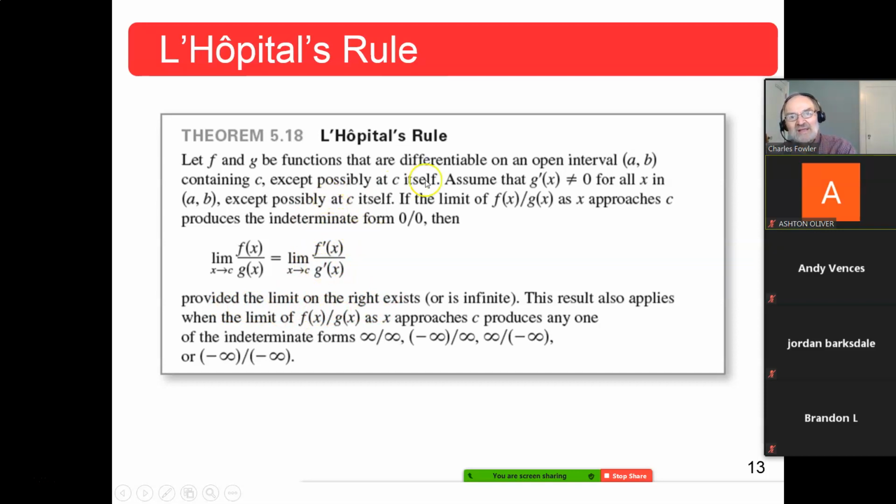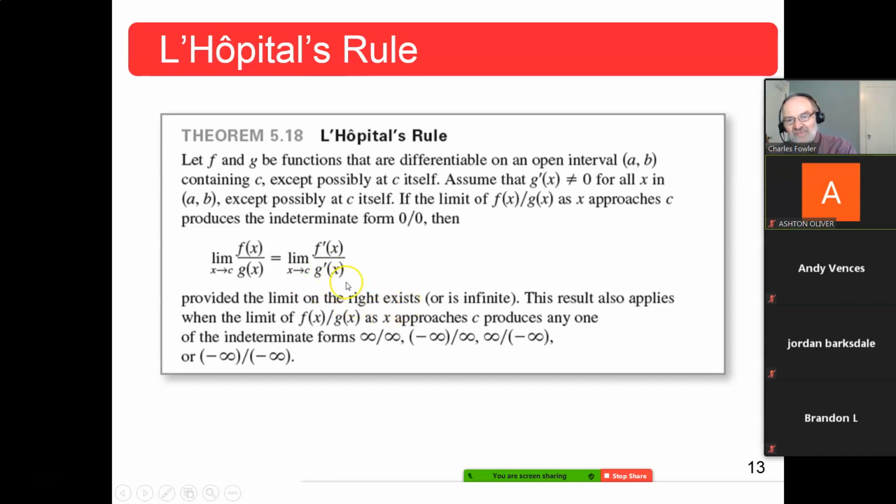That's why they say g prime of x cannot equal 0, because if it did, you'd have to throw this out, except possibly at the point C. It could be 0 there, but anywhere else you can't use it.